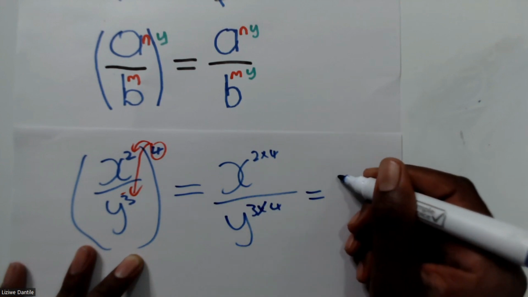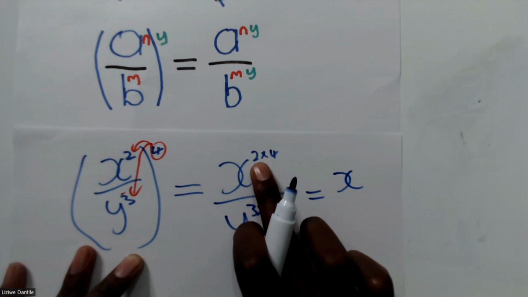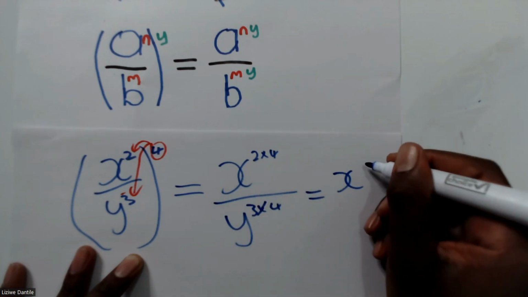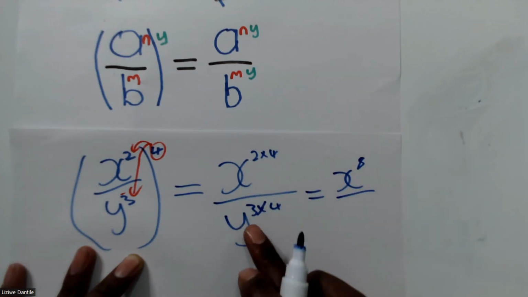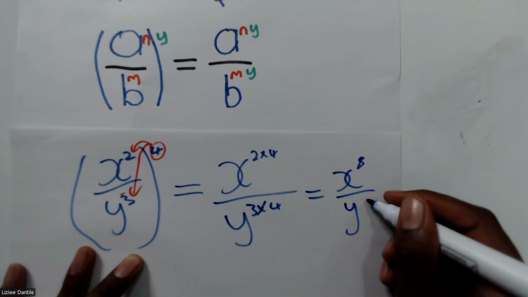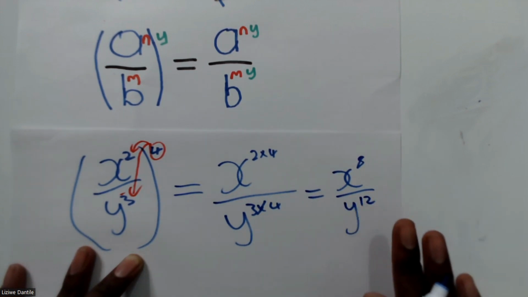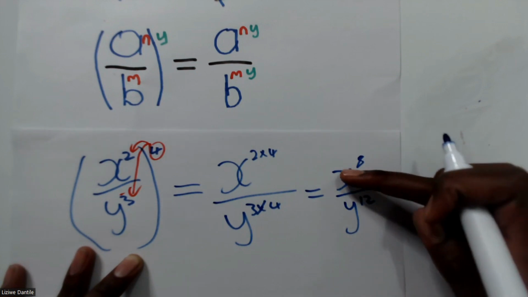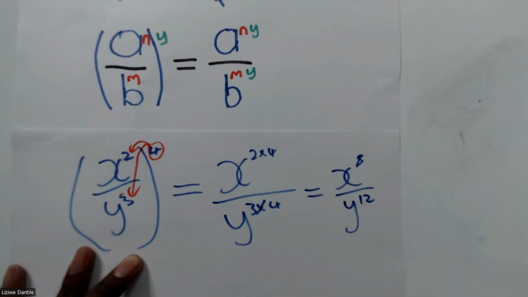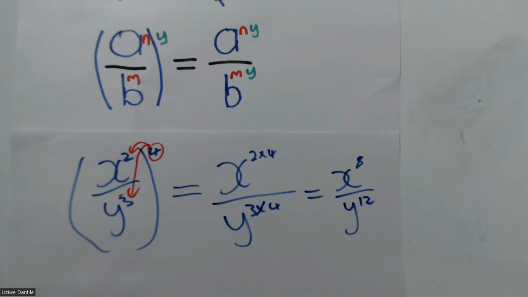When I simplify, I will have x to the exponent 8 over y to the exponent 12. That would be my final answer in this case, because the bases are not the same. There's nothing much I can do.